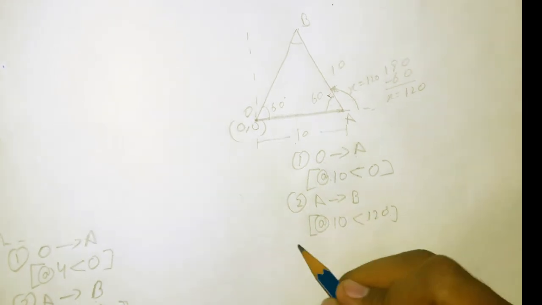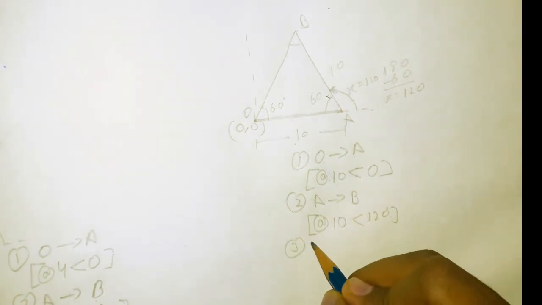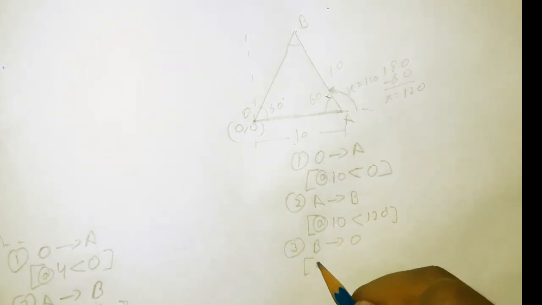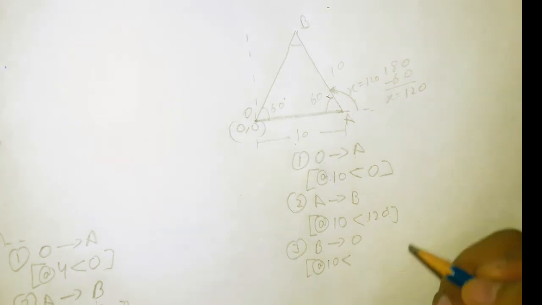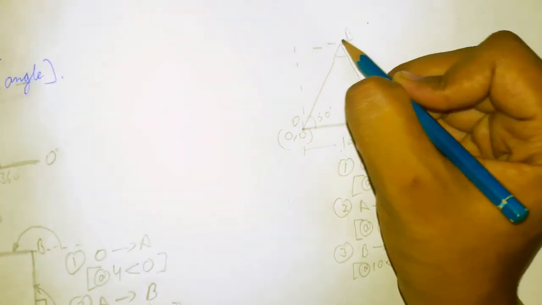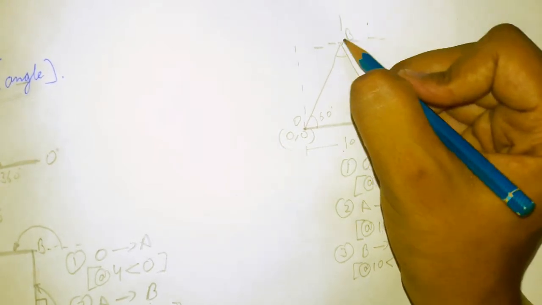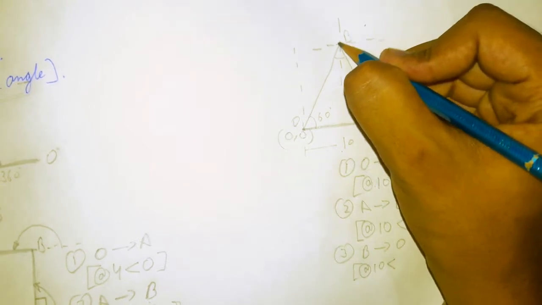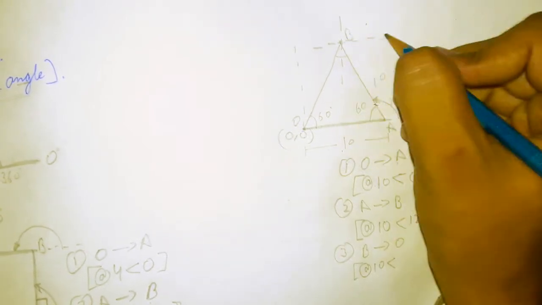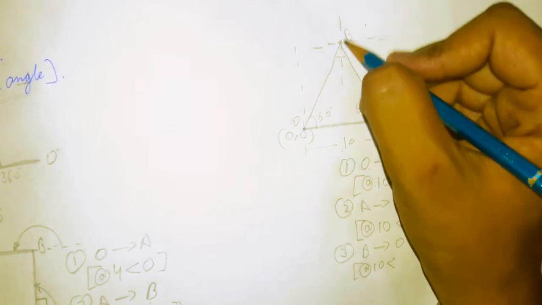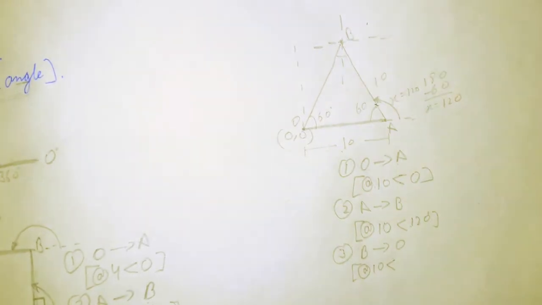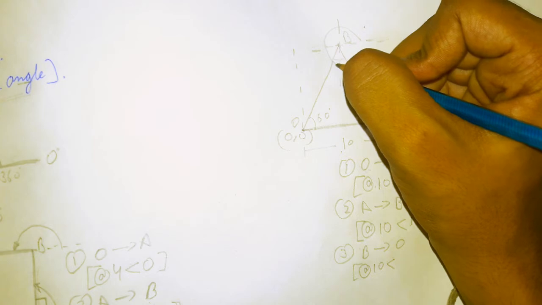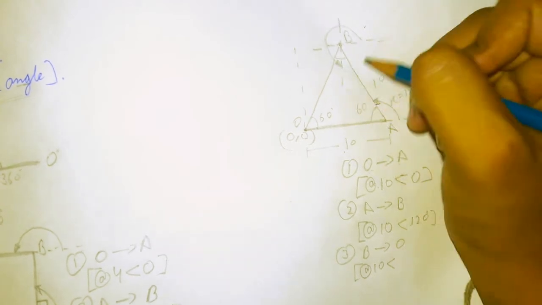Similarly, third one, B to O, at the rate distance and angle is, let us take this point. If we consider this as origin, this angle is 0 degree, 90 degree, 180 and 270. Since while moving anti-clockwise, it is of 270 degree.